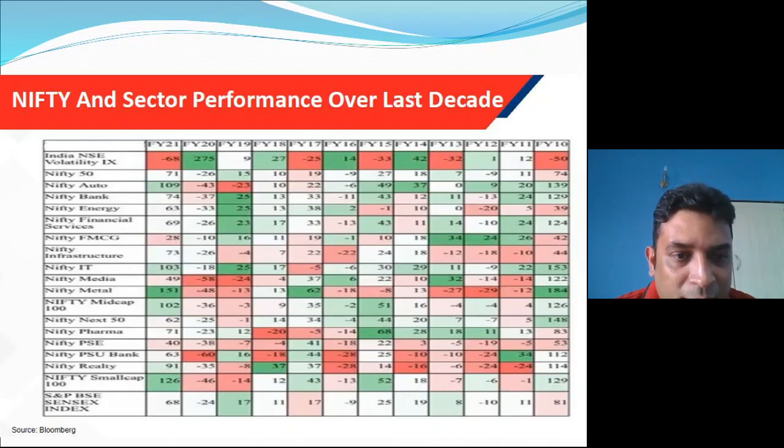If you see all the data points, like the Nifty auto sector in the last 1 year has given 109% return. In FY 20 it gave minus 43% return. FY 19 it was minus 23%. FY 18 is plus 10%. So a sector in one financial year gives a positive return, and in another financial year gives a negative return. That's exactly what has happened if you pick any sector over the years. Okay.